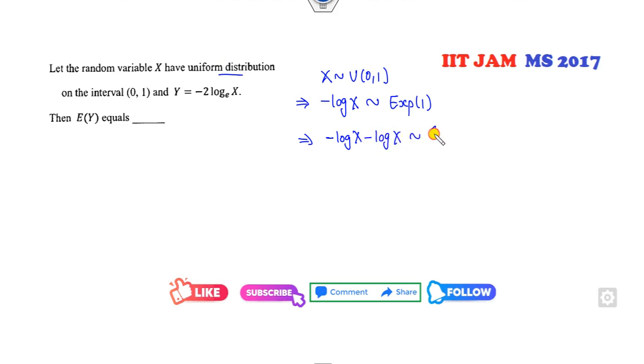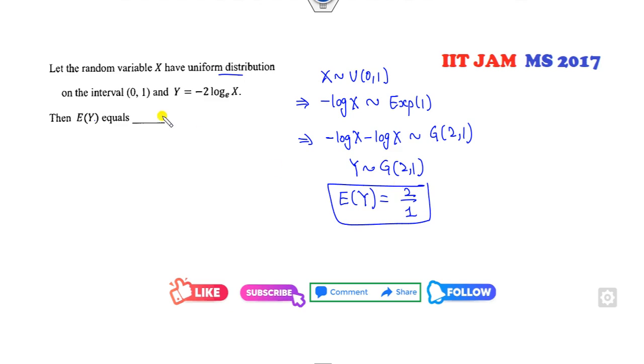It will follow gamma distribution of 2, 1. So once I call this my y, y follows the gamma distribution of 2, 1. What is the expected value of the y? Over this is the right answer. Fine. You can see it's very, very simple. Just try to understand the concept of this, my shortcut tricks.